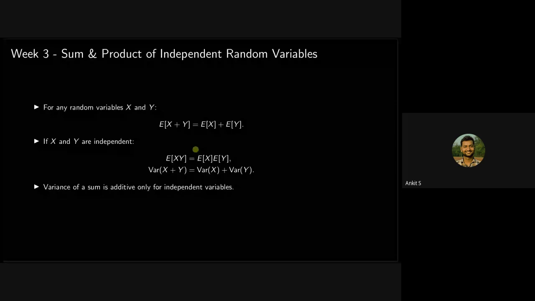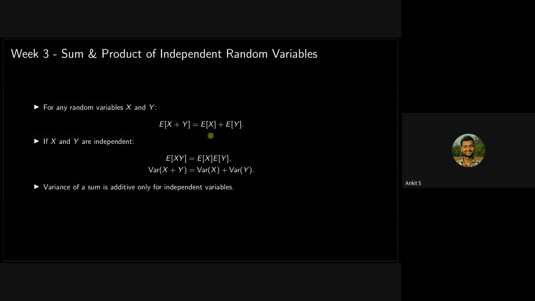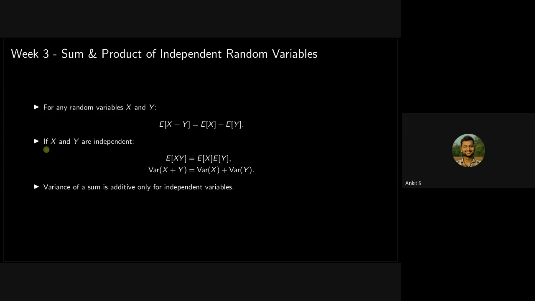For any random variables x and y, whether they are dependent or independent, the expected value of the sum is equal to the sum of the individual expected values. But the expected value of the product will split into individual terms only if x and y are independent.